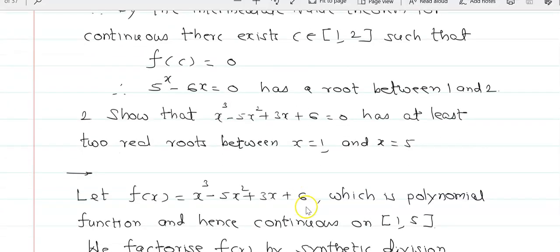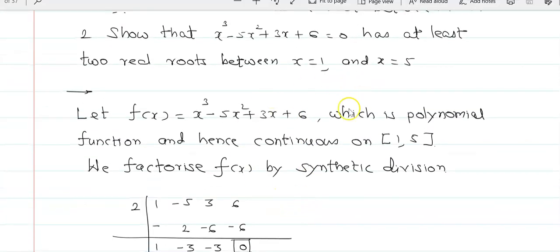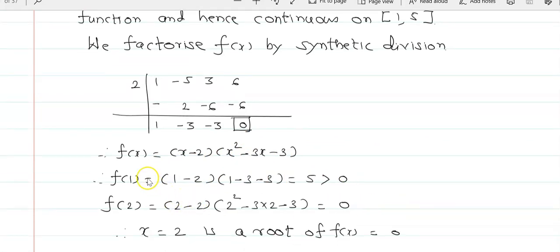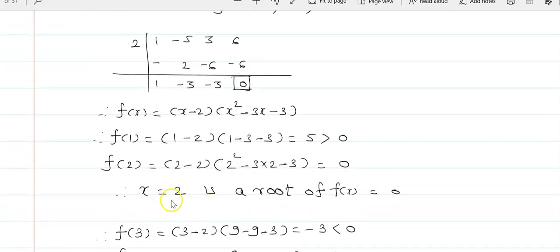Again, see this here. This is the function. By synthetic division, we will have f of x factorized. f of 2 will become 0. 2 is a root of the function, because the polynomial is 0.